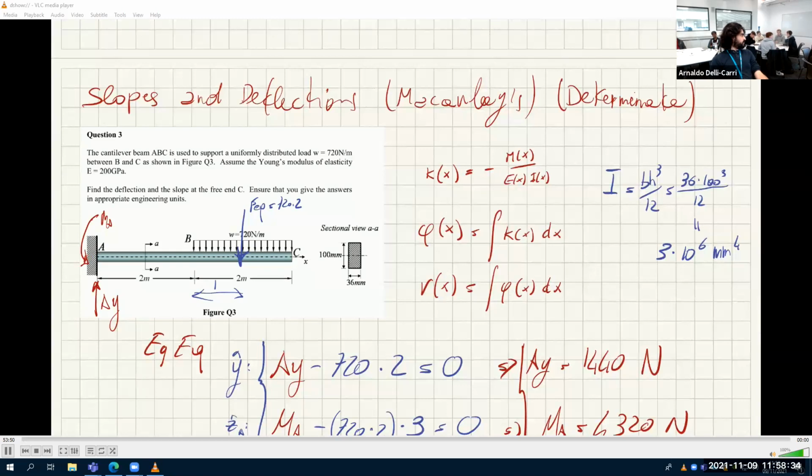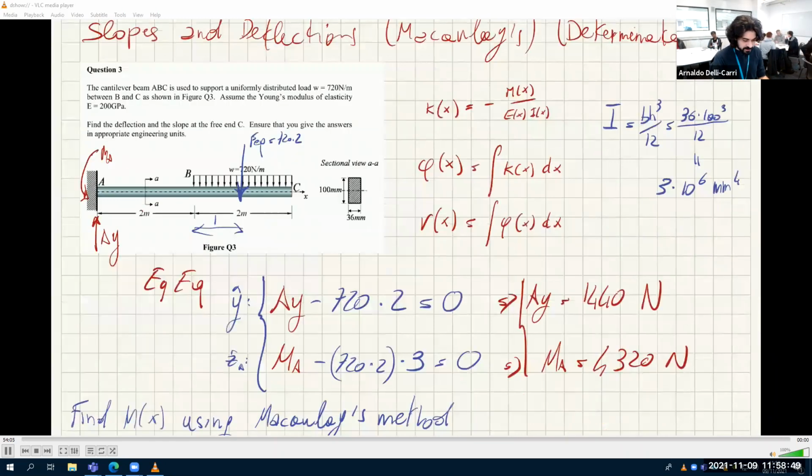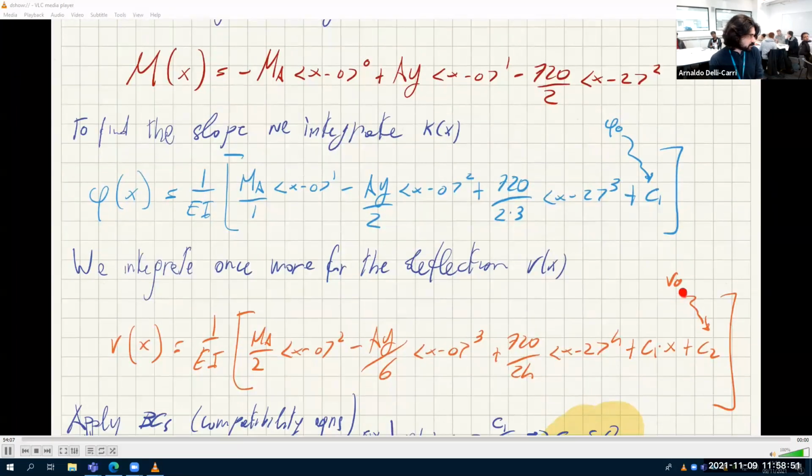Okay? C2 is always 0 if you have a support here. But if you have a support not at the start, neither C1 nor C2 will be 0. So you have to calculate that. Okay? That's why they are called phi 0 and V0, because it's the slope at 0 and the deflection at 0. That's what it is.